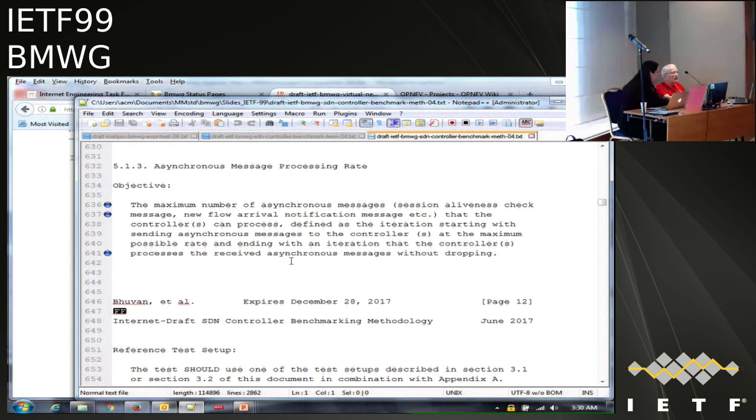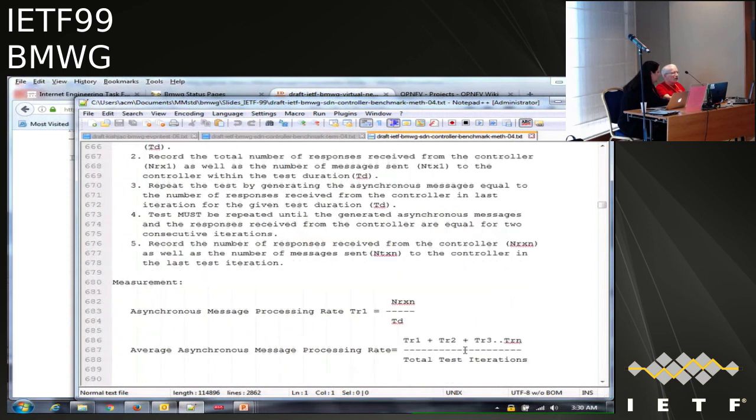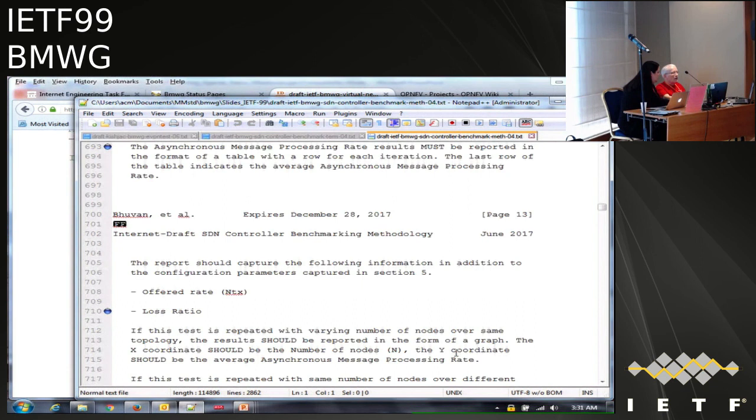there's a metric within the reported rate, the asynchronous message processing rate, but it also has the loss ratio measured at these rates. Yeah.